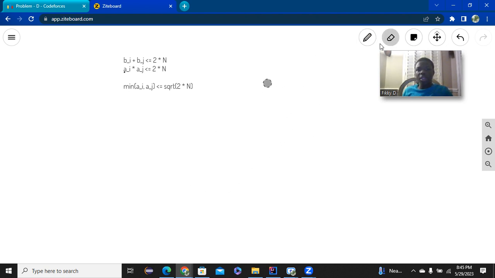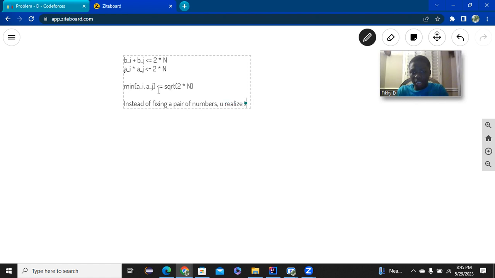So one thing is, what if we fix the min of a sub i and a sub j? This is the sort of brilliant part. Instead of fixing a pair, which is what we would all naively do because that's the most intuitive, but then you still think in this n squared manner, you realize that you can fix the min of a sub i and a sub j.